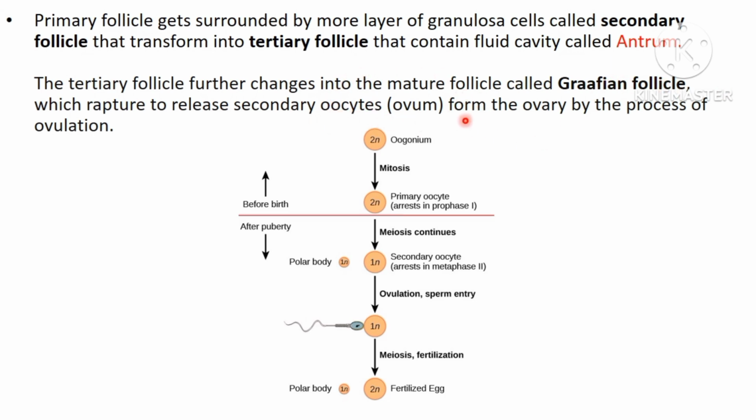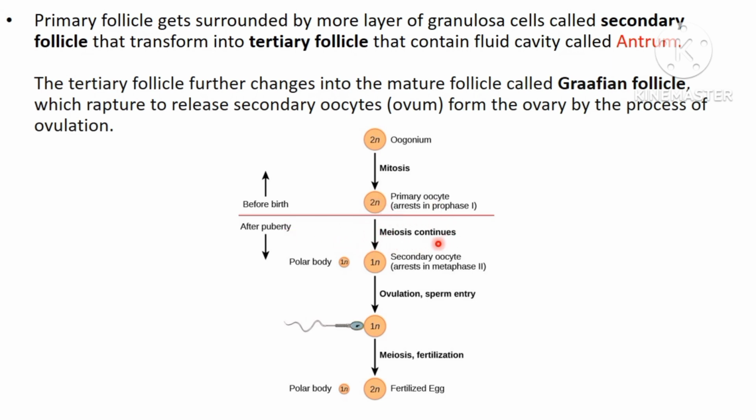Let us see this flow chart. Oogonium undergoes mitosis to form primary oocytes, which arrest at prophase 1, and then the primary oocytes continue meiosis after puberty. This is before birth: oogonium undergoes mitosis and forms primary oocytes. After puberty, the arrested primary oocyte continues meiosis and forms a secondary oocyte and one smaller polar body.